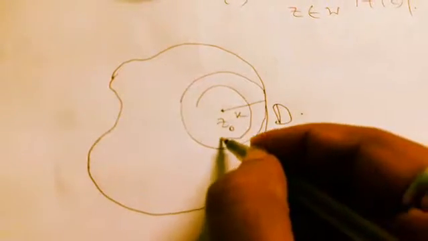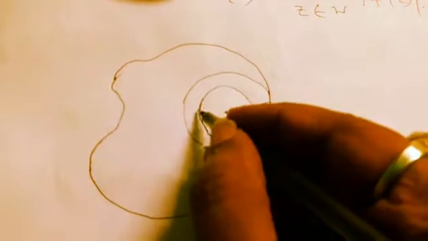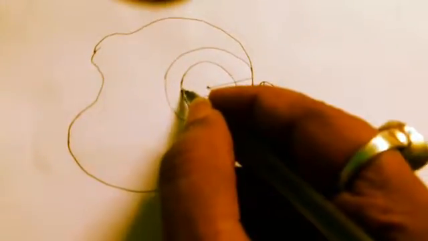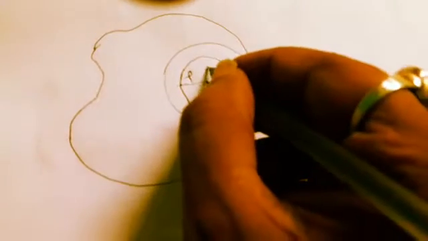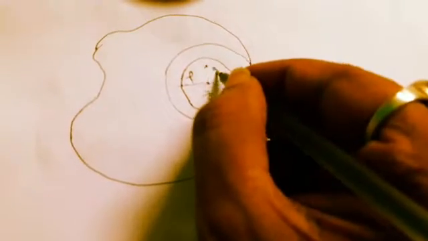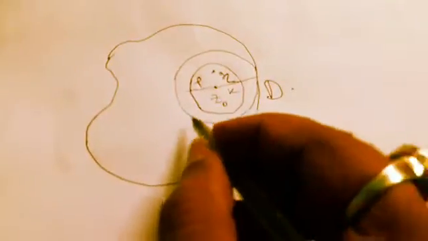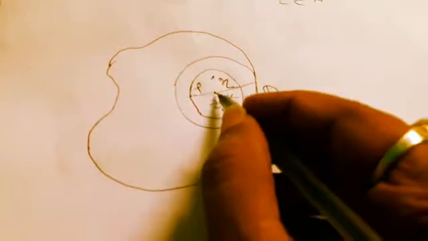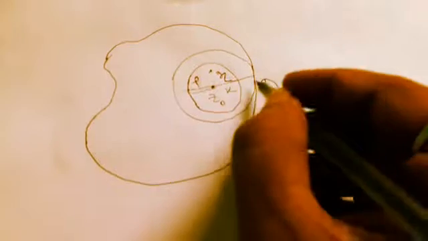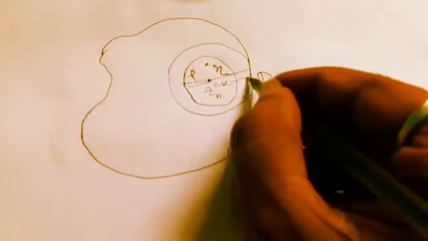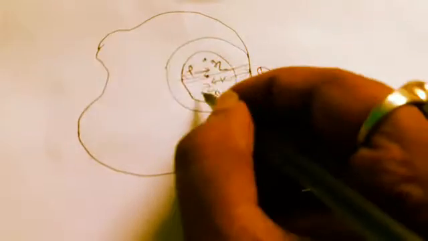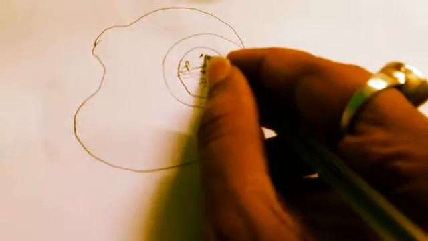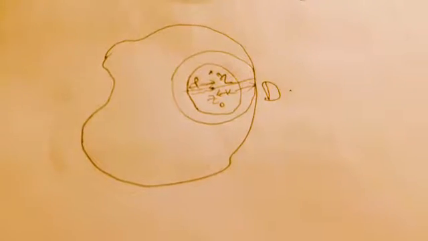Another circle is considered inside it, with radius called rho, and any arbitrary point, say eta, lying inside. This rho region is certainly less than k, which is the total radius. In this way we draw this figure.